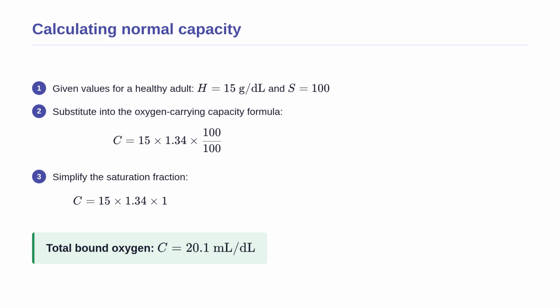The fraction of 100 over 100 simply becomes 1, meaning every single hemoglobin molecule is fully loaded. We then multiply the 15 grams of hemoglobin by Höfner's constant of 1.34. The final answer is 20.1 milliliters per deciliter. This means every 100 milliliters of blood carries about 20 milliliters of pure oxygen gas.